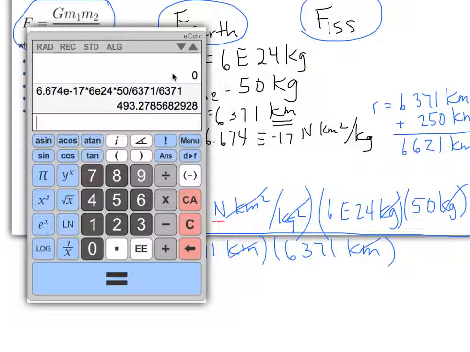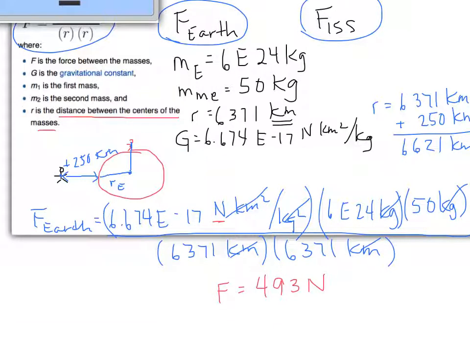So the answer to our question, the force when you're standing on the surface of the Earth, is 493 newtons. So that's the force standing on the Earth.